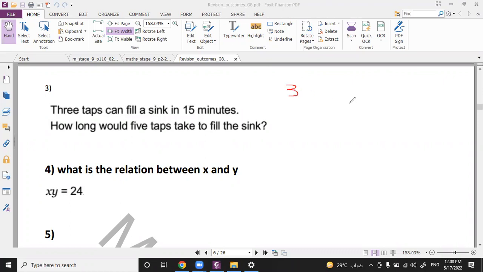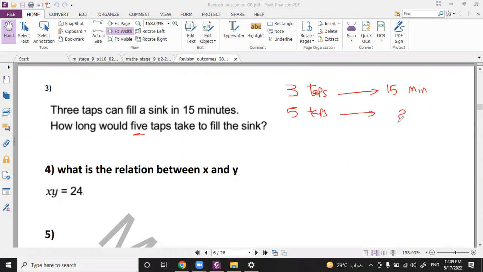So I have 3 taps in 15 minutes. Andre, is it direct or inverse? This one is inverse. Inverse, that's right. Because 3 taps will take 15 minutes. What about 5 taps?